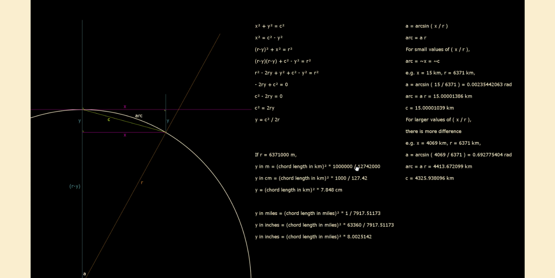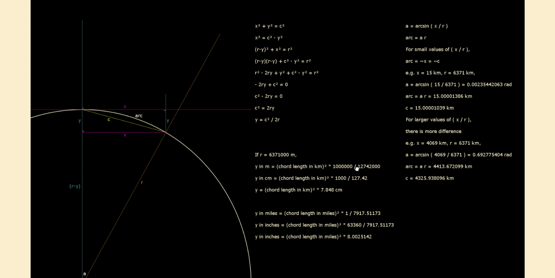The arc length from where you are here to your target here is that angle in radians times the radius, because that's how radians work. For a small value of x over r, in this case, as an example, 15 kilometers on a radius of 6,371 kilometers, that arc length and this x horizontal displacement and the chord length c are about the same thing. That's what this means: arc is approximately x is approximately c.